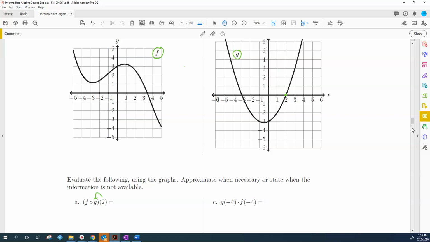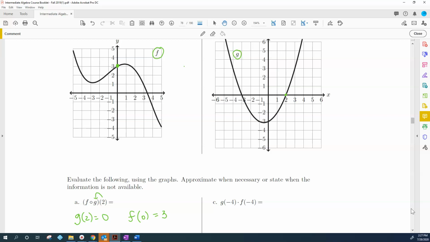When x is 2 on this graph, the y is 0. So let me write it down this way. g of 2 is 0, and then I just need to figure out, okay, now what's f of 0? Right, so I go over here, and when x is 0, then my y would be 3. And so my answer there is 3.